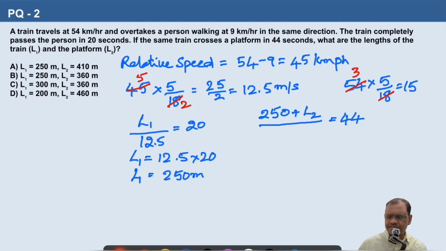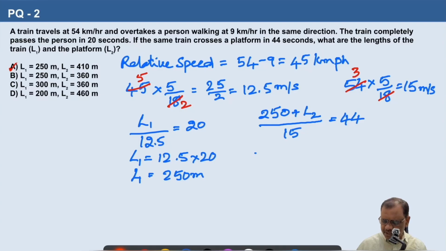So this is 15 meters per second, the speed of the train. So divide the length of the platform plus the length of the train by the speed of the train, and you will get the time taken to cross. According to the question, 44 seconds is the time taken. Now simplify this, and you will get the length of the platform.